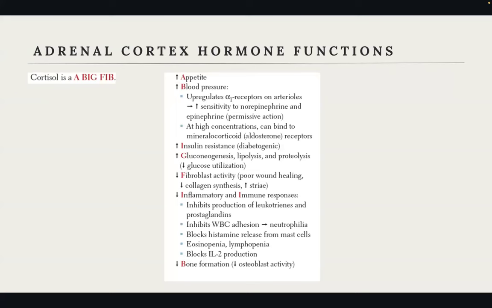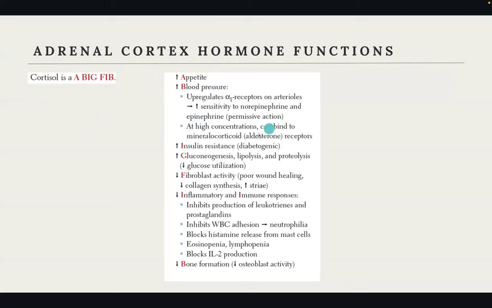Now, cortisol won't cause direct vasoconstriction. It's going to bind to the receptors to increase the sensitivity, or the receptivity, of the receptor to epinephrine and norepinephrine. Basically, it will act as an amplification of the effects of norepinephrine and epinephrine. So I hope you guys got that.